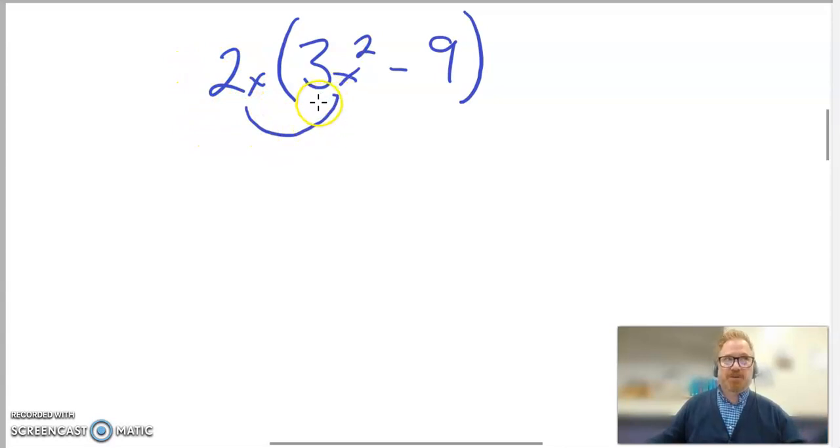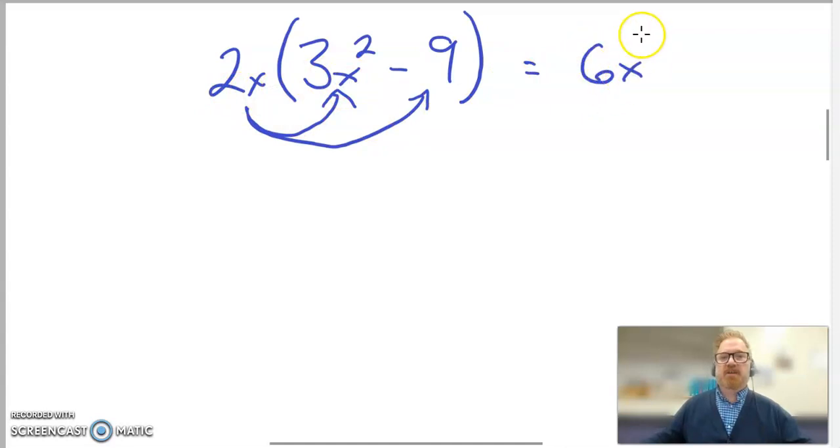So we would do this times this, and then this times this. So we would get 2x times 3x squared equals 6x to the third. 2x times negative 9 is negative 18x.